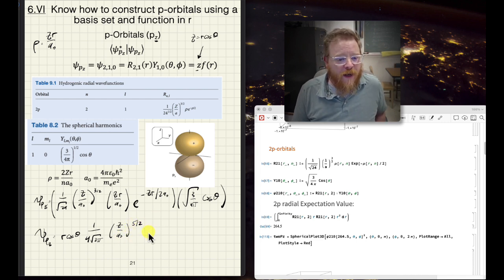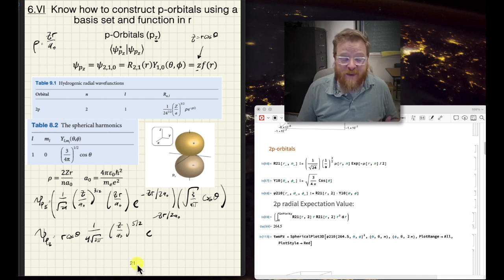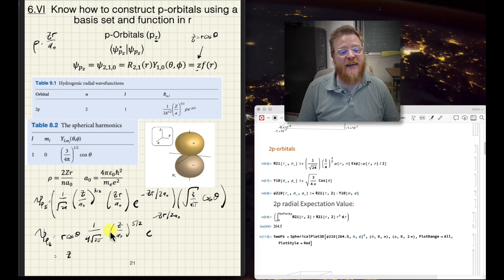And then we end up with an e to the negative Zr over 2a. And now what we will see, if we continue to go down the rabbit hole, my r times cosine theta, if I make that Cartesian coordinate transformation, just equals z. And all of this stuff we will call f of r. It's just some function in r.